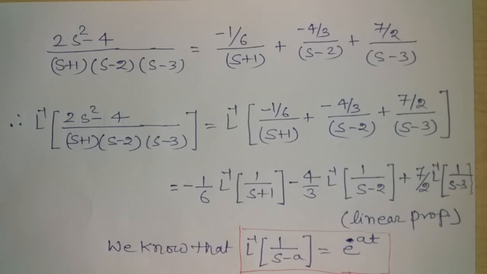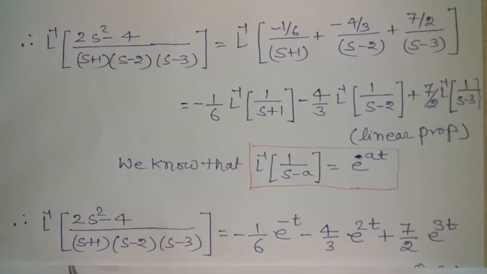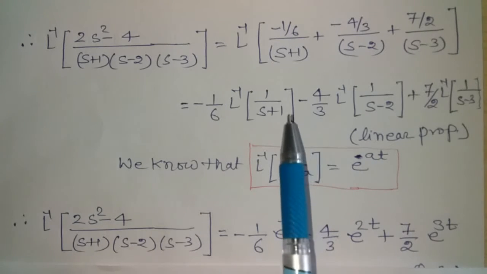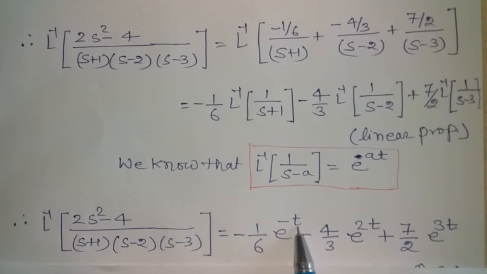we get the inverse Laplace transform of 2s square minus 4 upon s plus 1 into s minus 2 into s minus 3 is minus 1 by 6, constant as it is, inverse Laplace transform of 1 upon s plus 1 is e raised to minus t.